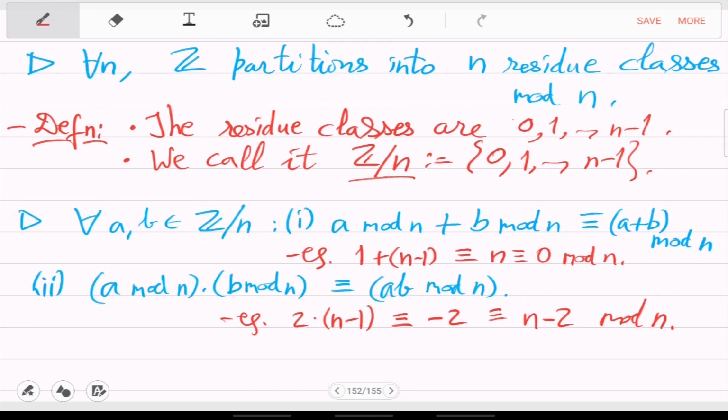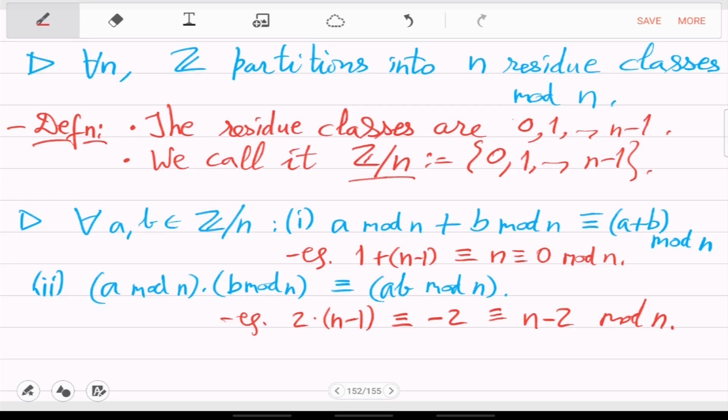I don't want to use the word here, but later on in the course you will see that such objects are called rings. This is actually the most famous ring, the mod n arithmetic ring. And yeah, the right-hand side of these properties is clear, it's unique.